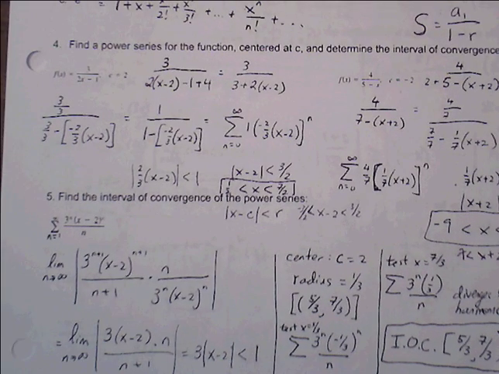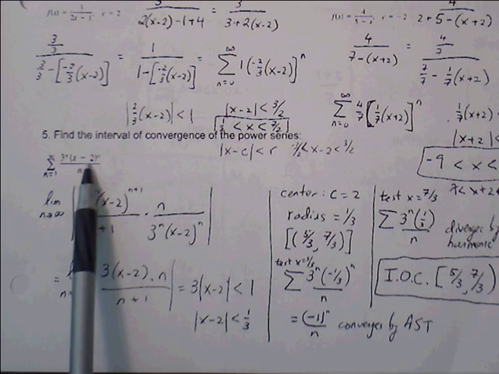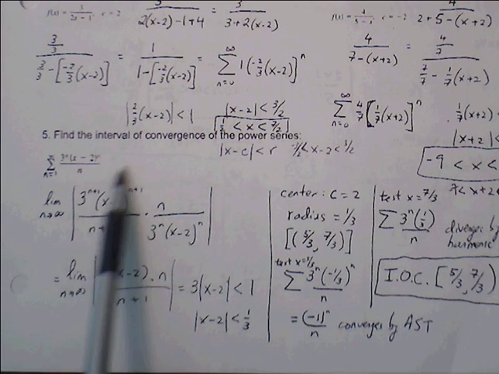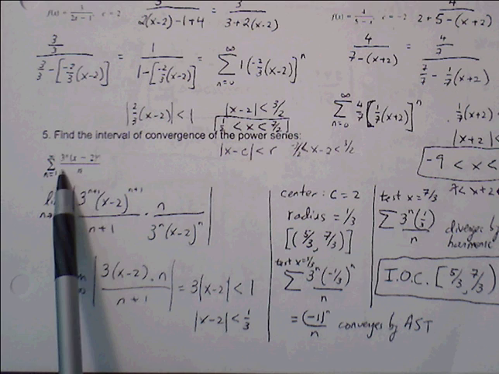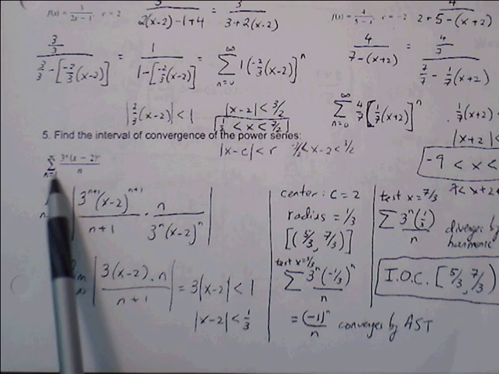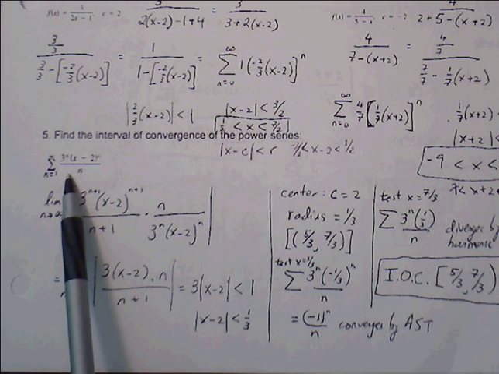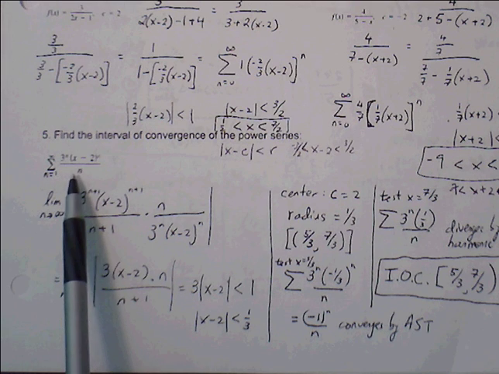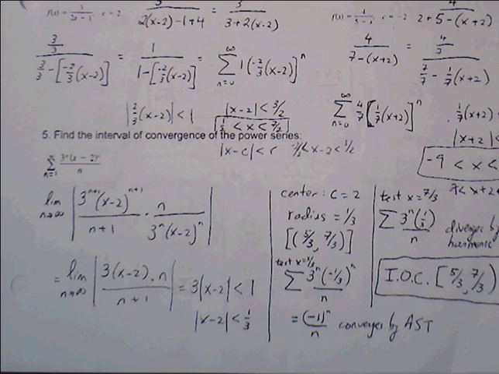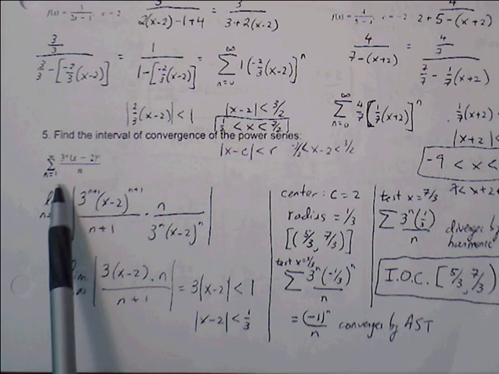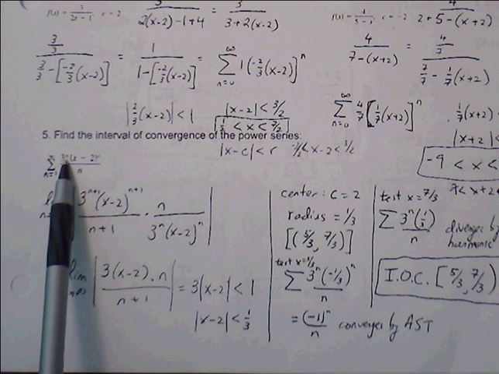Okay, number 5. Find the interval of convergence for the power series. We have 3 to the n, (x - 2) to the n over n. So we have the general term. For the interval of convergence, we can go through the ratio test, since we have the exponent set up and ready for us.